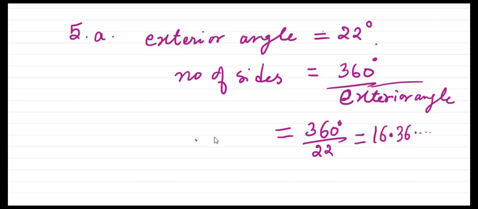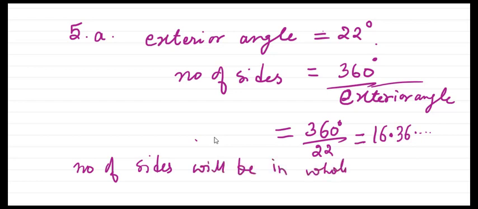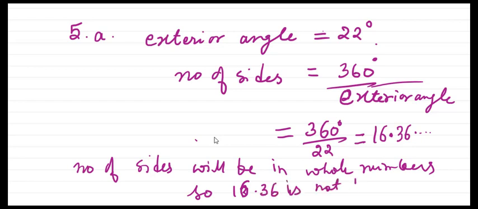That means the number of sides must always be a whole number. So 16.36 is not possible. Hence this regular polygon, which would have an exterior angle of 22 degrees, is not possible.